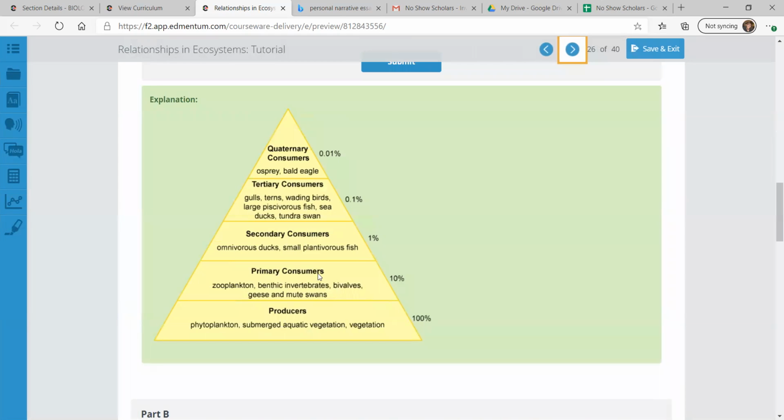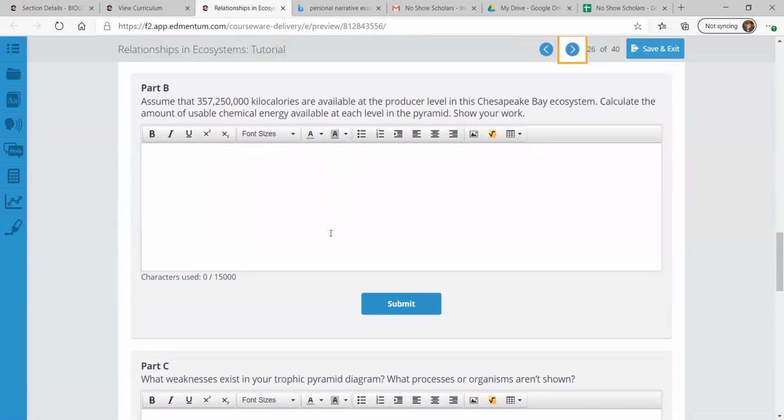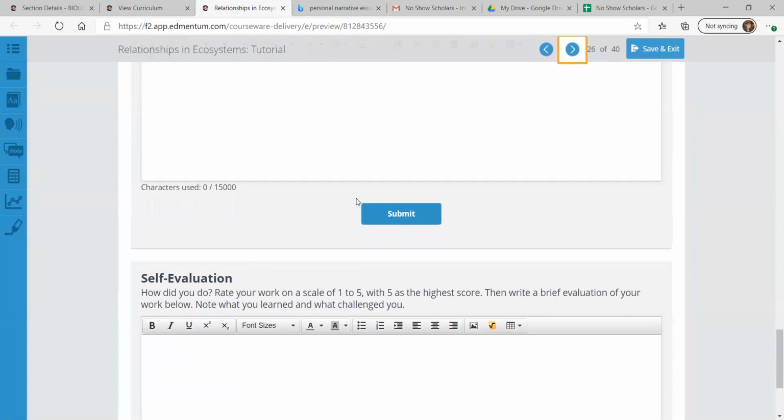But here is how you organize that into a trophic pyramid. You have the plankton and vegetation as producers, and then the next level, consumers, next level, and then at the very top, you have osprey or the bald eagle. Now you're given some math problems.